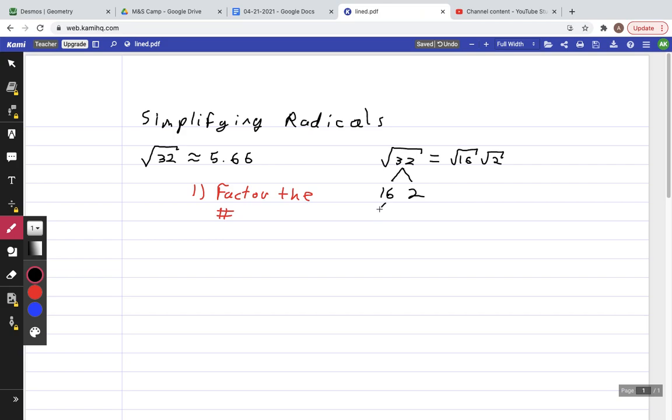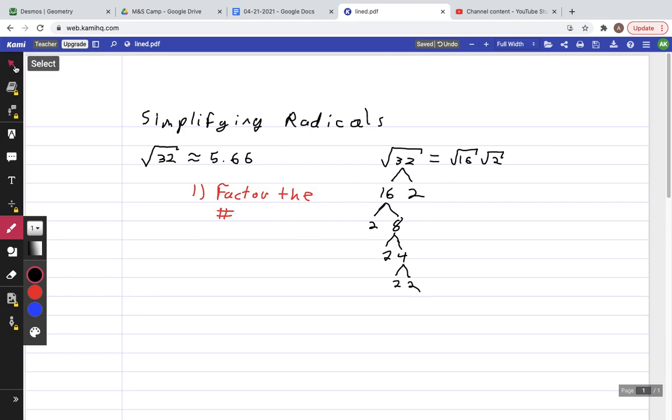But let's pretend that we don't know that right now. So what we're going to do is we're going to factor this out into 2 and 8. We're going to factor this 8 out into 2 and 4. And let's pretend again like we don't know that 4 is a perfect square. 2 and 2.